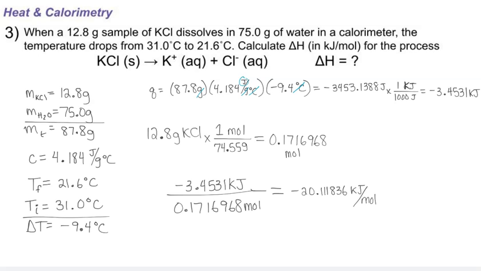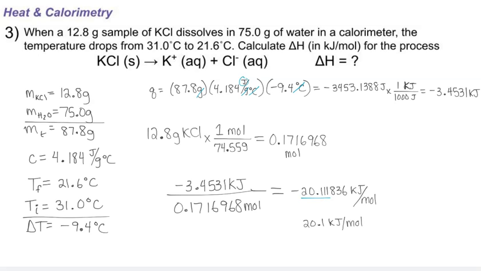We do need to round this answer to sig figs, and we also need to consider the sign on our answer. So first of all, our answer should have 3 sig figs, so we should write our final answer as 20.1 kilojoules per mole. But also, this is an endothermic process.